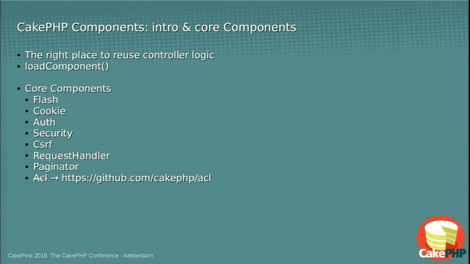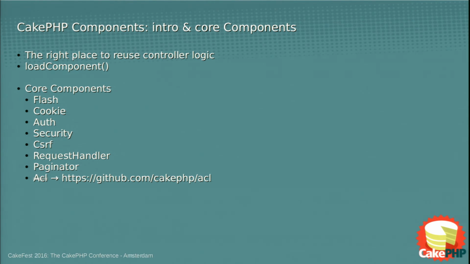And now components. You can load the components using load component in the initialize or, well, in the initialize or before filter maybe, of the app controller or the controller where you want to use the component. You have a lot of core components like Flash, Cookie, Auth, Security.